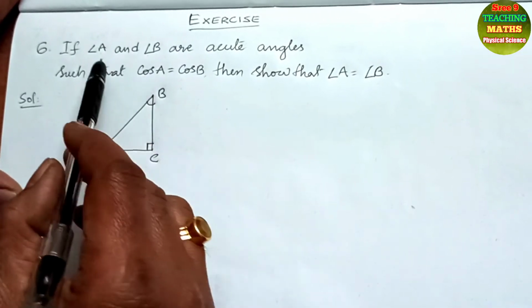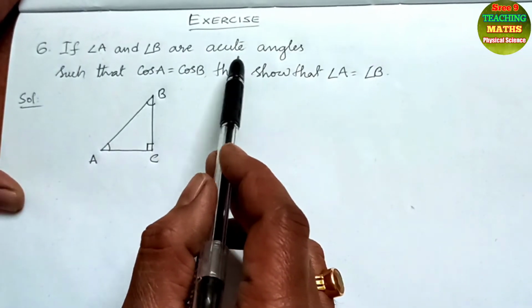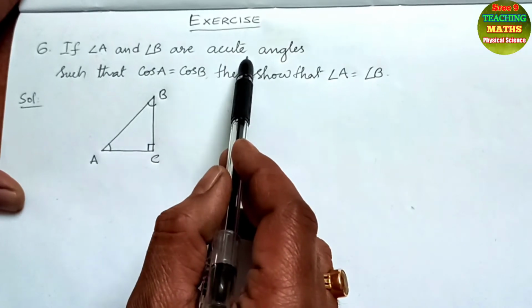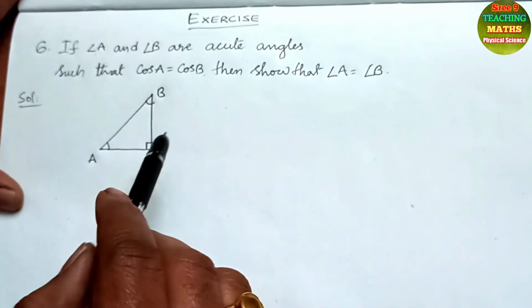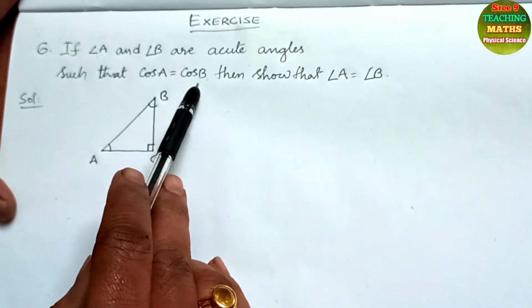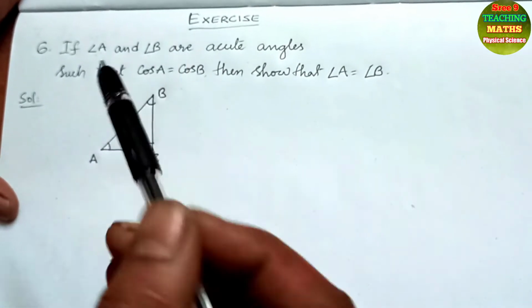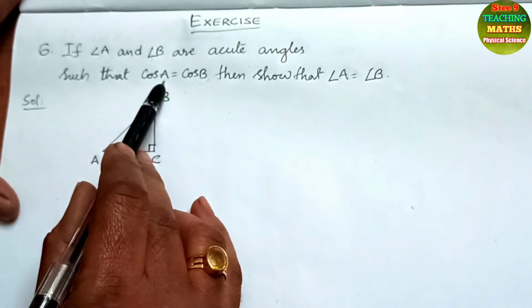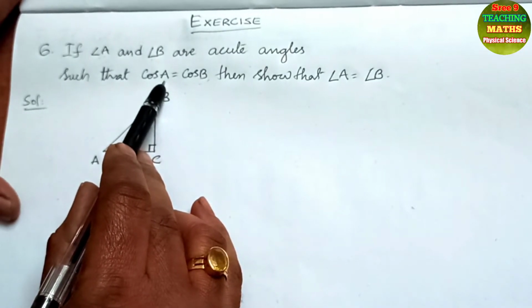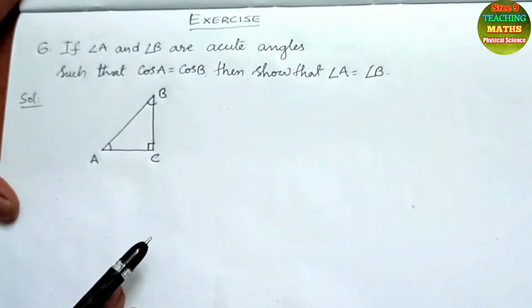Here the clue is given: A and B are acute angles, and also cos A is equal to cos B. Depending on the angle selection, the side opposite to the angle and the side adjacent to that angle will be different.